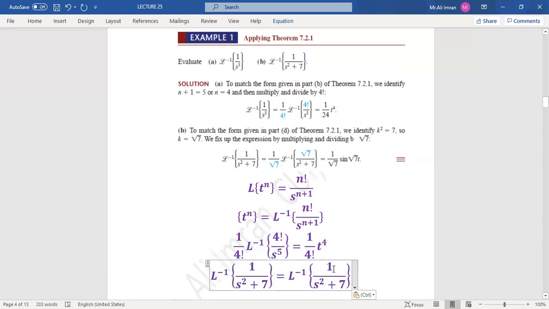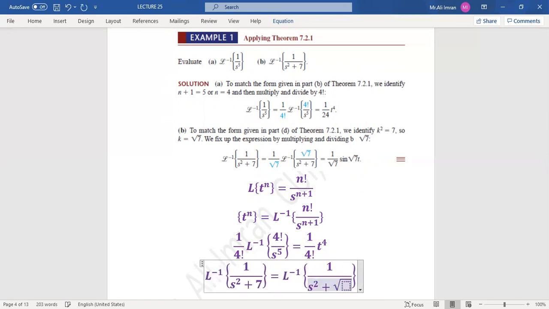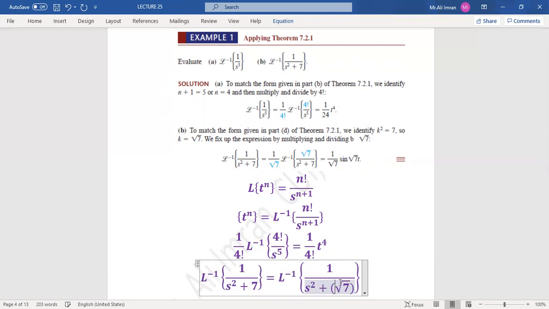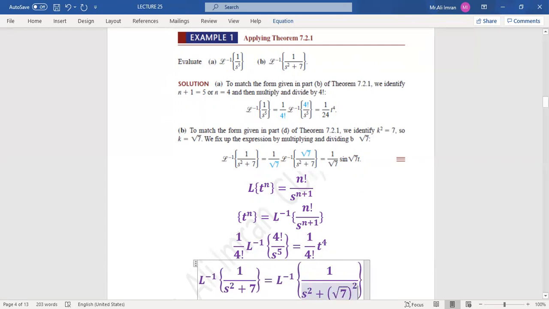For sine, we must have square root of 7. So this 7 may be written as square root 7 square.